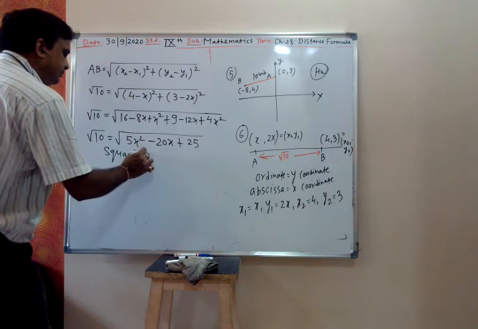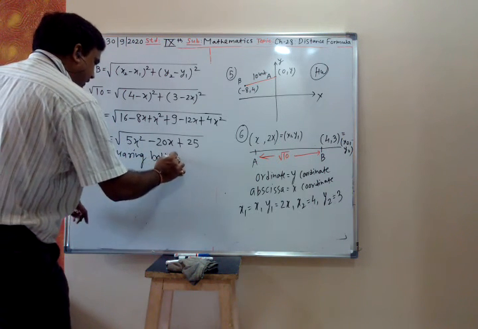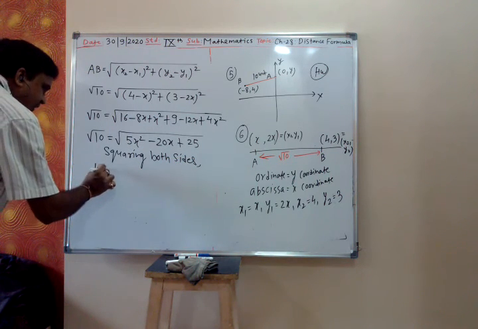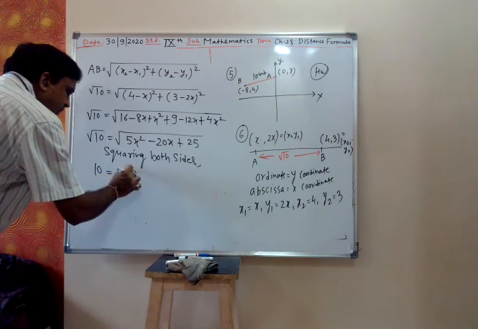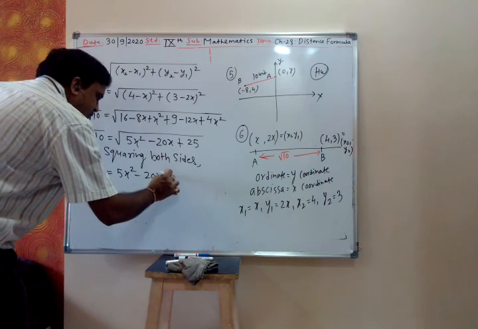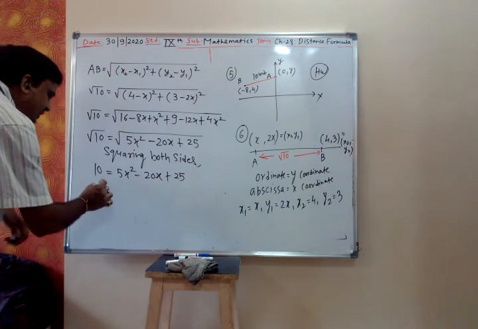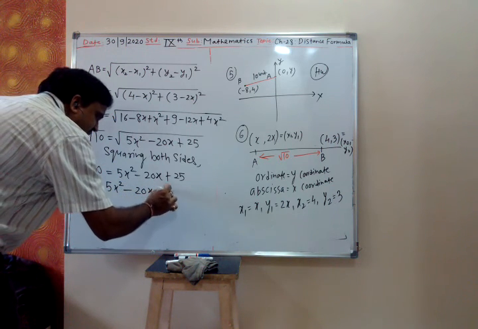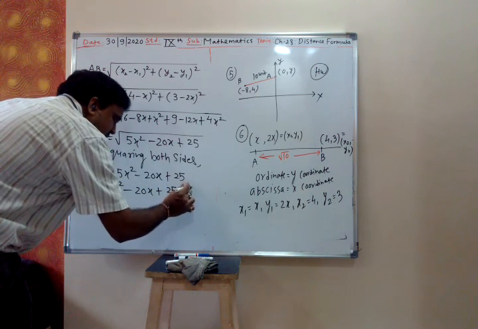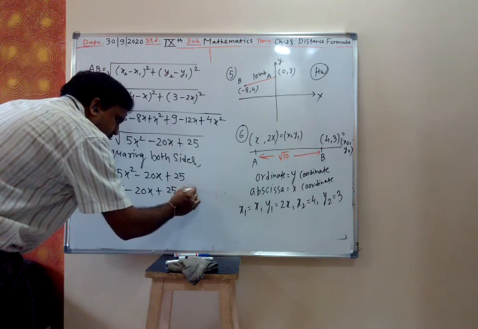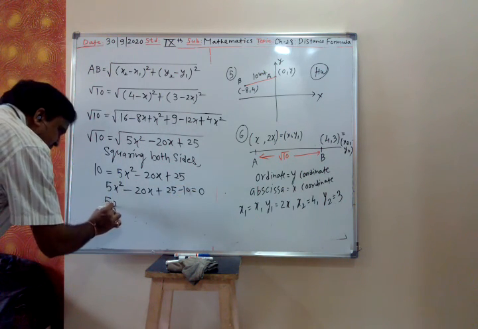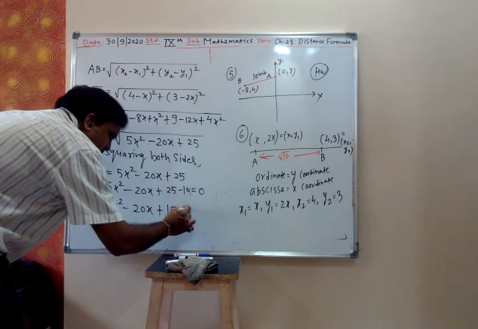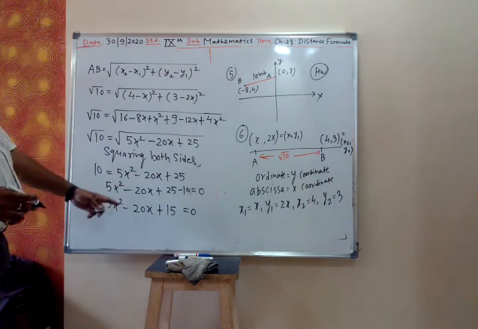Squaring both sides, you will get 10 is equal to 5x square minus 20x plus 25. Take 10 on the other side. You will get 5x square minus 20x plus 25 minus 10 is equal to 0. So you will get 5x square minus 20x plus 15 is equal to 0. Now from each you can divide by 5.